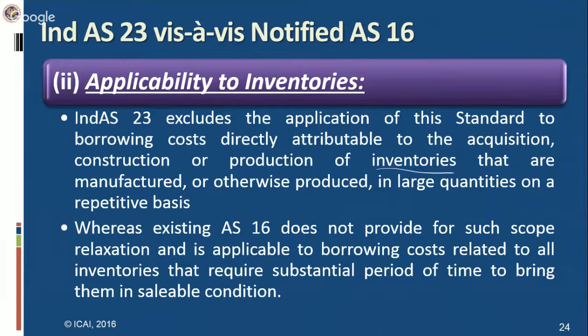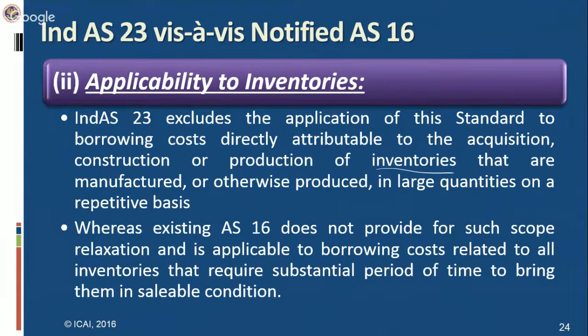However, if the inventories are manufactured in small quantities, or if such production is not on a repetitive basis, once in a while or once in a span of 2-3 years, then definitely Ind AS 23 will be applicable, and no exemption will be granted to us.